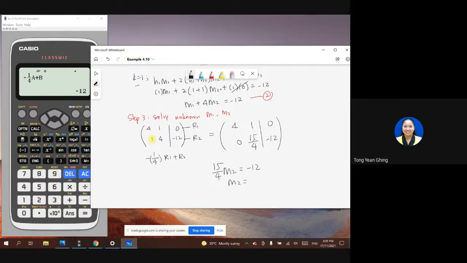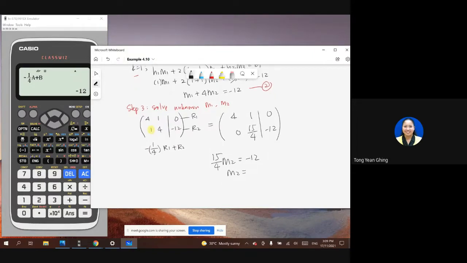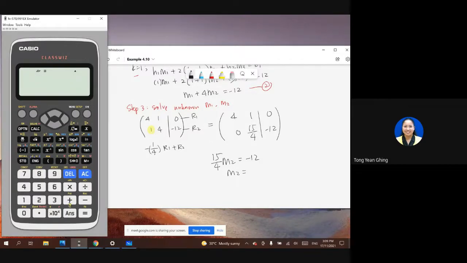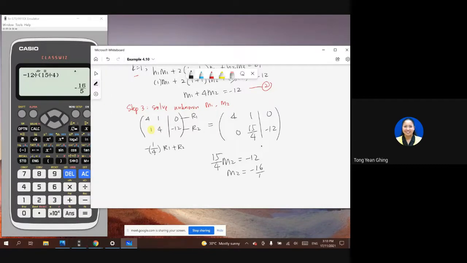So M2 equals negative 12 divided by 15/4, which is negative 16/5. Once you get M2, you can find M1.